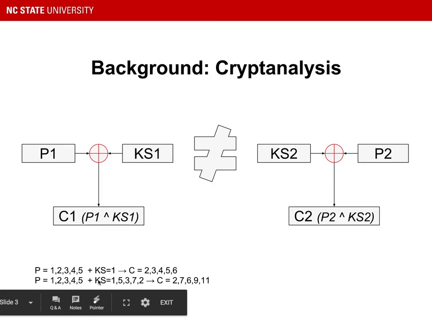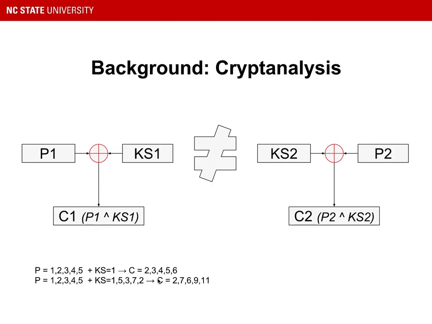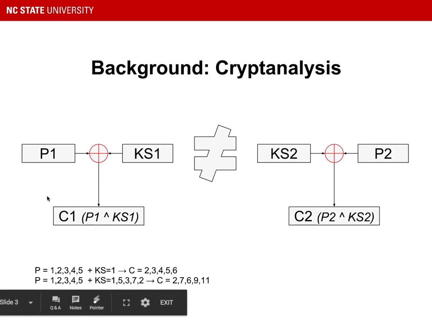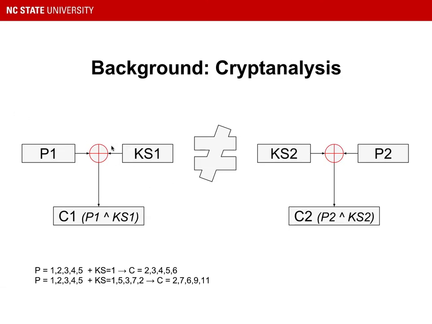Compared to the case where we have KS equal to 1, 5, 3, 7, 2, for example, when we combine this KS with the P, we're going to have 2, 7, 6, 9, 11 for C. So as you can see, the more random the KS is, the stronger the cryptography.